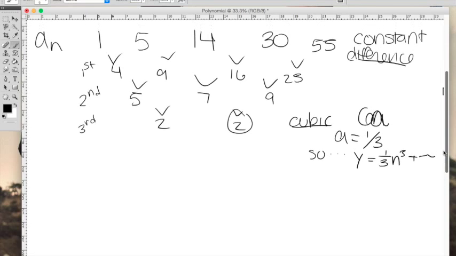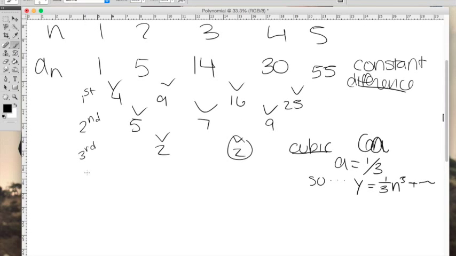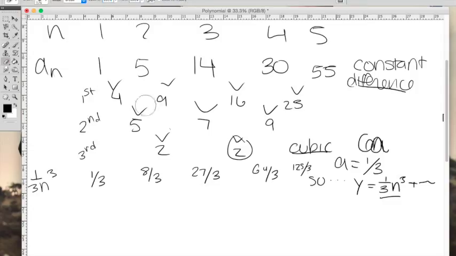So how I go from there is I write out 1/3 n cubed. For this one it's 1/3, this one it's 8/3, 27/3, 64/3, and 125/3.